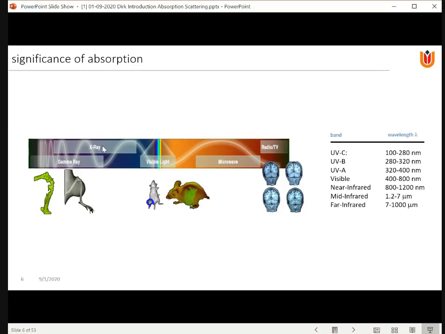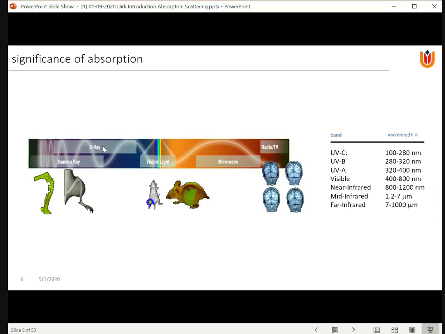Traditionally, all these wavelength regions in the electromagnetic spectrum have names, called bands. So we have in the ultraviolet the A, B, and C bands, the visible band, the near infrared, the mid infrared, and the far infrared. Also in the table are the wavelengths that are associated with that, in nanometers or in micrometers.